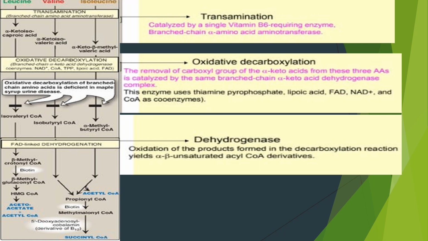In order to understand maple syrup urine disease properly, first we see briefly about the metabolism of branched chain amino acids. There are three branched chain amino acids that here you see: leucine, valine, and isoleucine. During the metabolism of these branched chain amino acids, the first step is transamination. This step is catalyzed by an enzyme, branched chain amino acid aminotransferase.